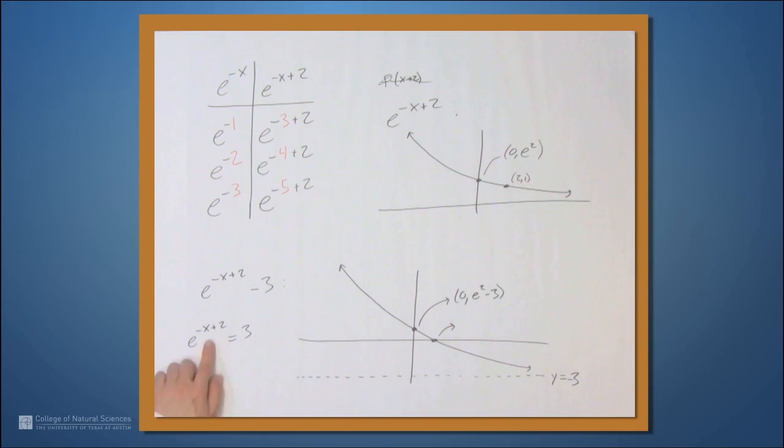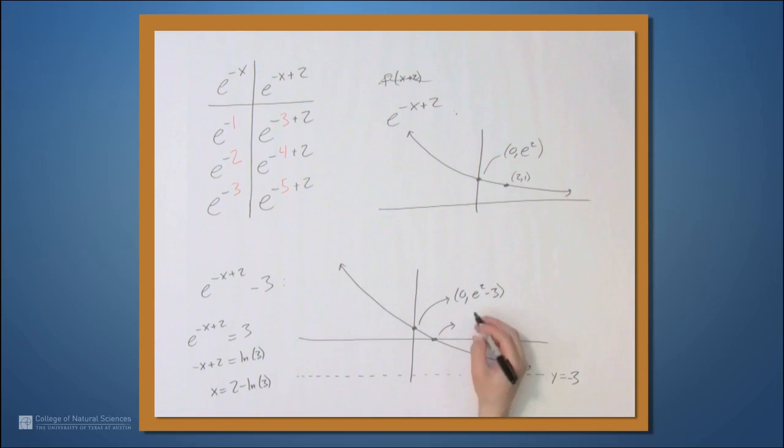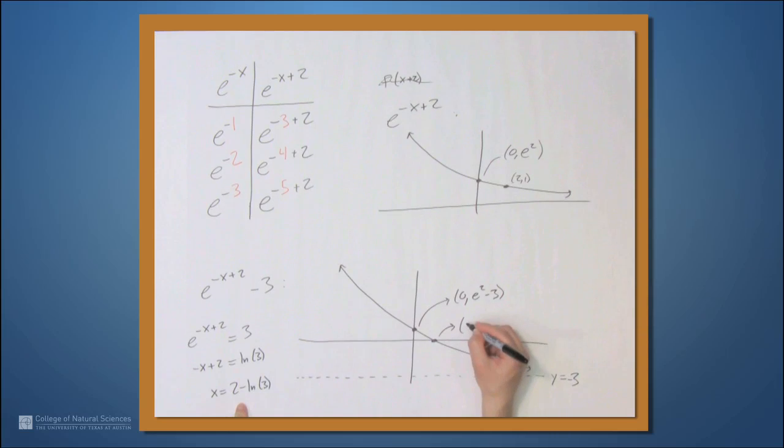Take the natural log of both sides to get this exponent out of the exponent, and we get negative x plus 2 equals the natural log of 3. And then if we solve for x, we get x equals 2 minus the natural log of 3. So this guy here, we already have the y-intercept. The x-intercept is what we just found. This is 2 minus the natural log of 3, comma 0. And there's our graph.